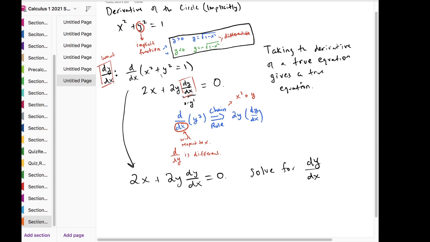Similarly, think of this as multiplying by 2 on both sides, subtracting 1 on both sides. The derivative is doing the same thing. I'm taking the derivative of both sides.